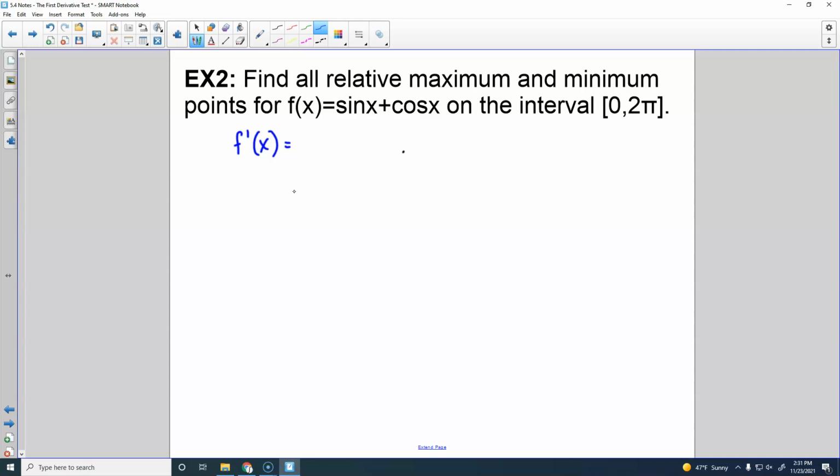But could you not memorize it and just plug in sine x and cosine x? No. Because they'll have different signs at points. It might be the maximum of sine and a minimum of cosine, so it's not the maximum overall. You got to do what we're going to get ready to do right now.